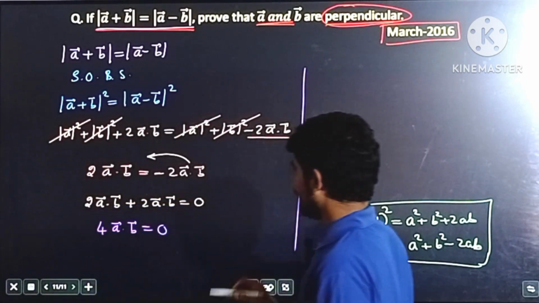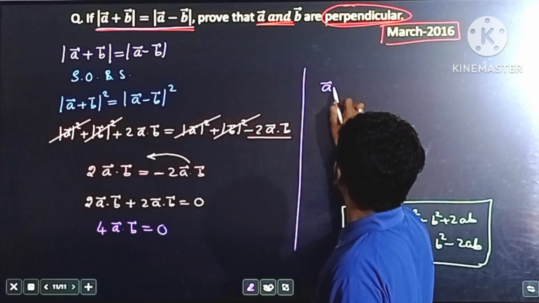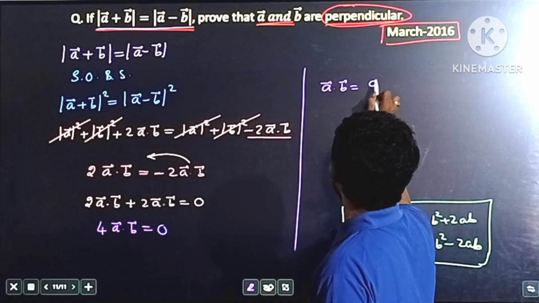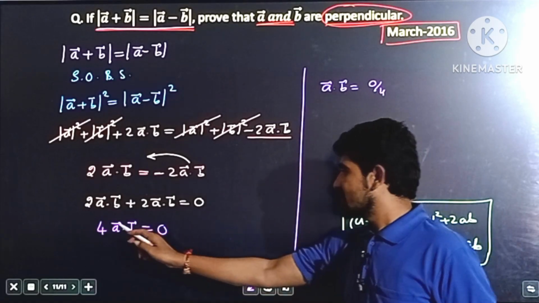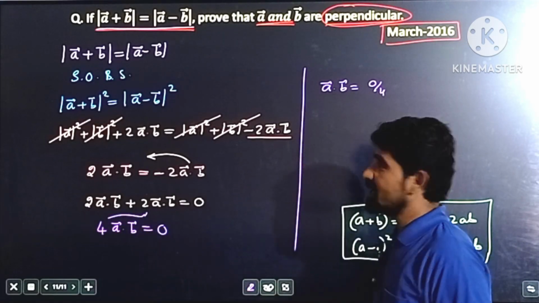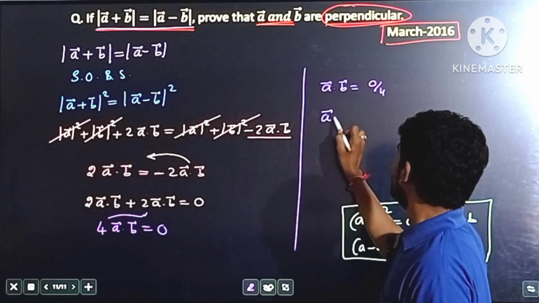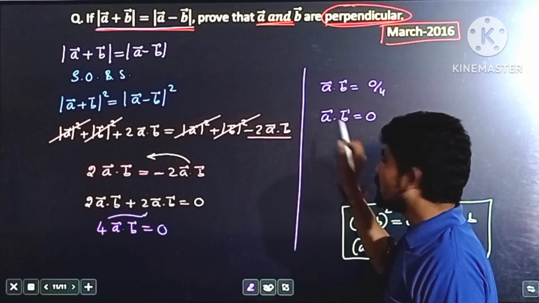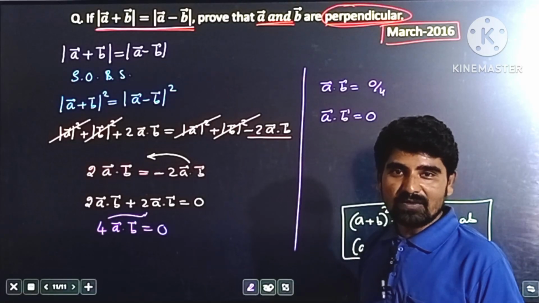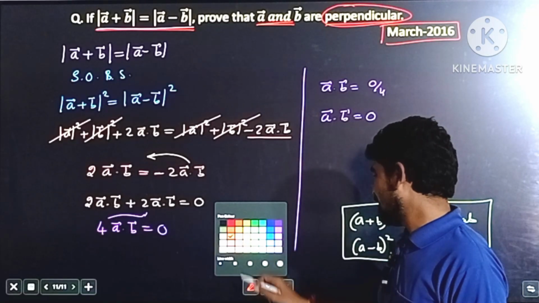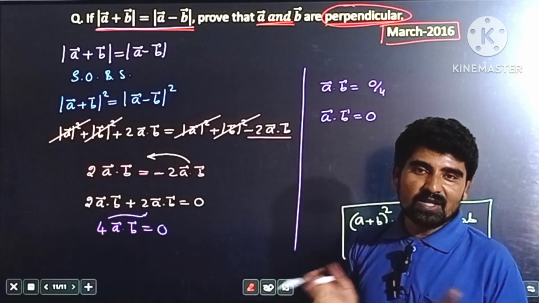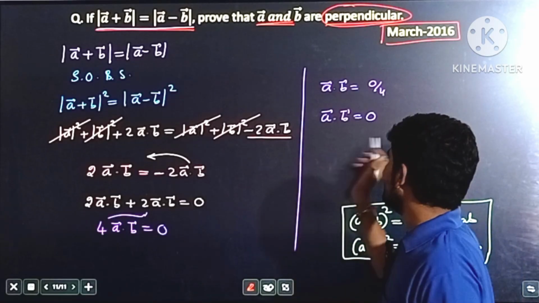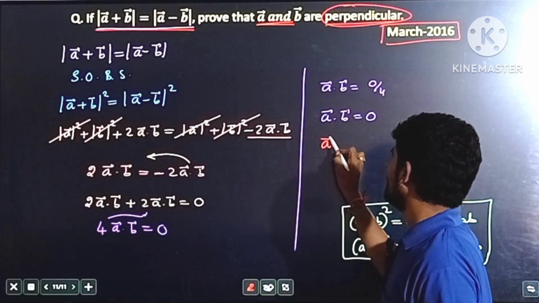So in the next step, A vector dot B vector is equal to 0 divided by 4. I shifted this 4 to the right side. It becomes A vector dot B vector is equal to 0, since 0 divided by anything is 0. So we proved A vector dot B vector is 0. It means if the dot product of any two vectors is 0, then definitely those two vectors are perpendicular to each other.